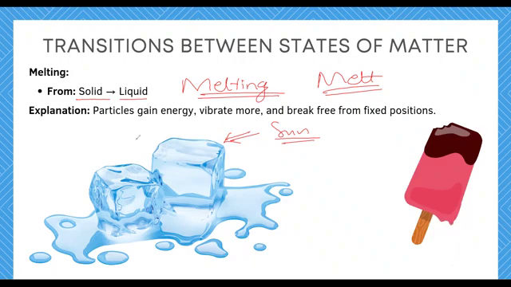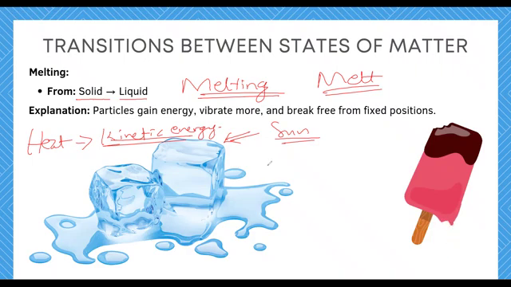Now, watch what happens. The more heat you apply to a substance, the more energy that substance gains. I'll say that again. The more heat you apply, the more kinetic energy that substance gains. And remember, we said earlier on in this class that kinetic energy is the energy that is associated with a moving object.